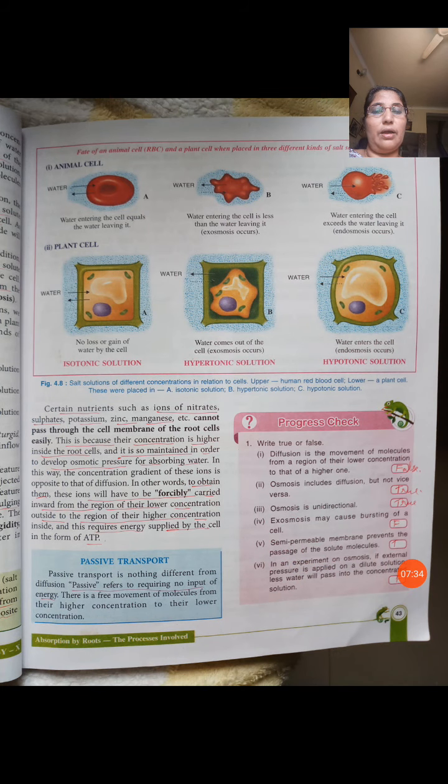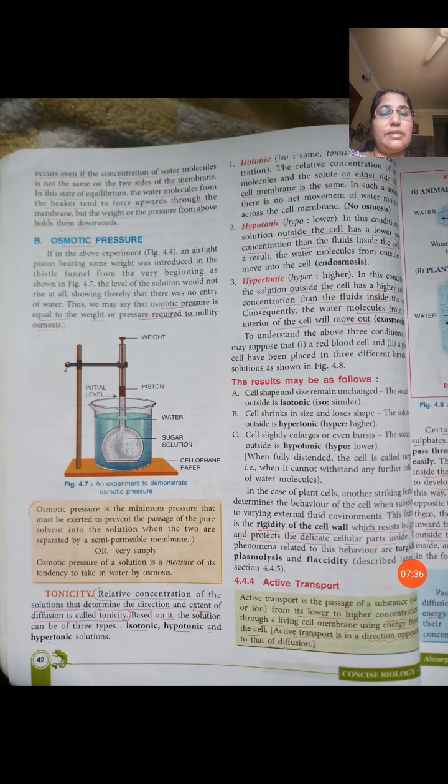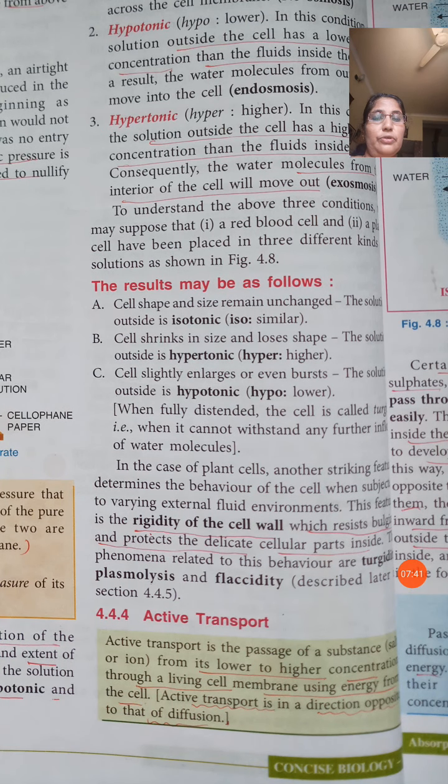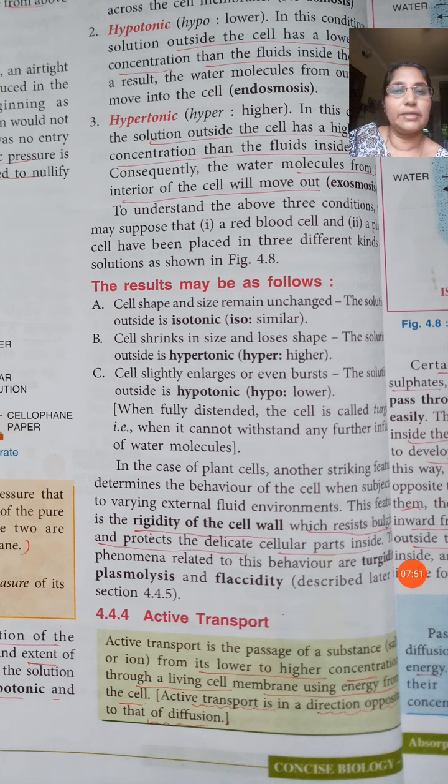Then another phenomenon you can see is active transport, a new term. Active transport means the cell sometimes uses energy to absorb certain things, salts or ions, from outside, against the concentration gradient.